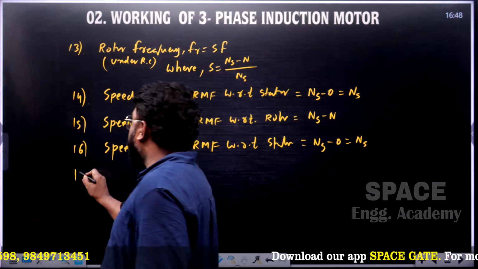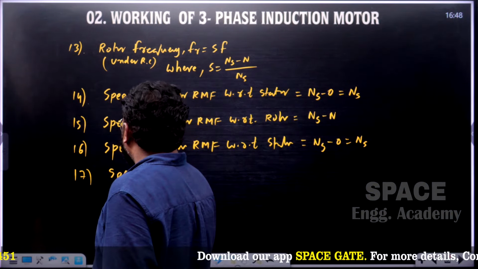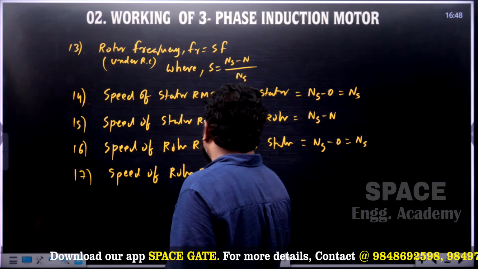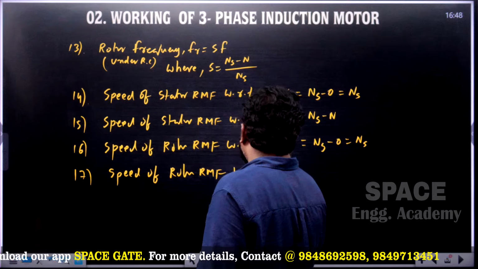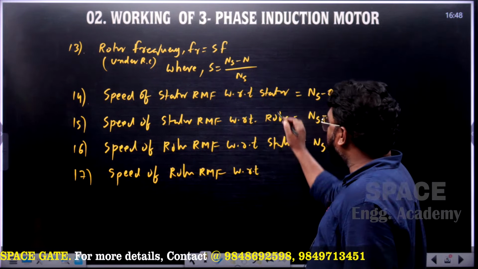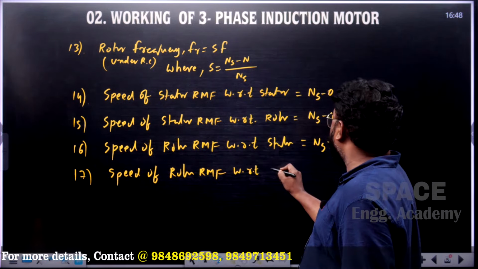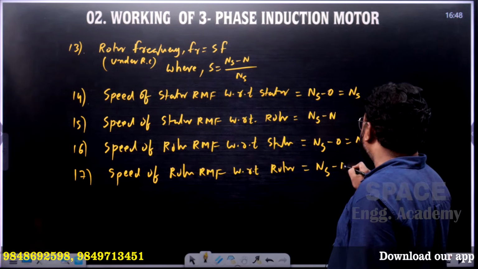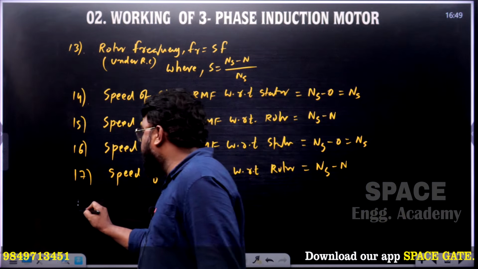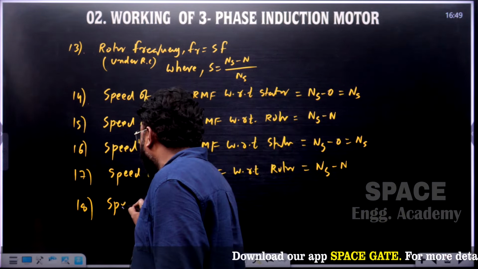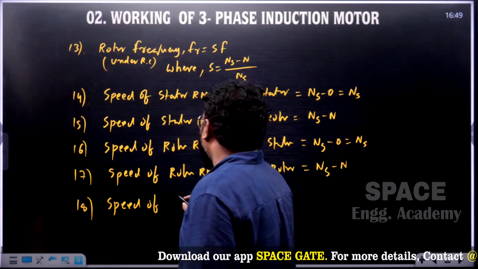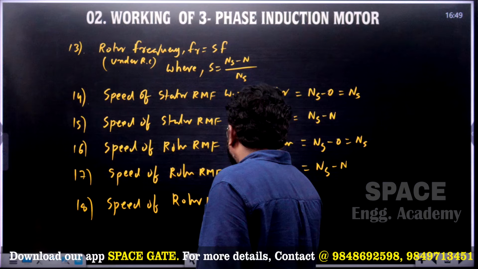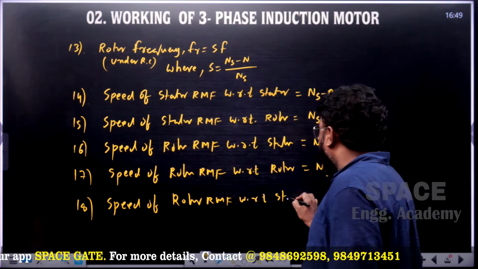And the next possibility of the question: speed of the rotor RMF with respect to the rotor, then it is equal to ns minus n. One more possibility: speed of the rotor RMF with respect to the stator RMF.